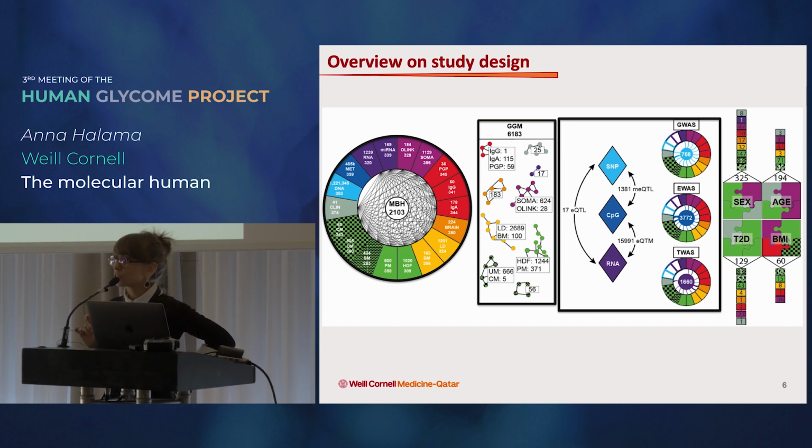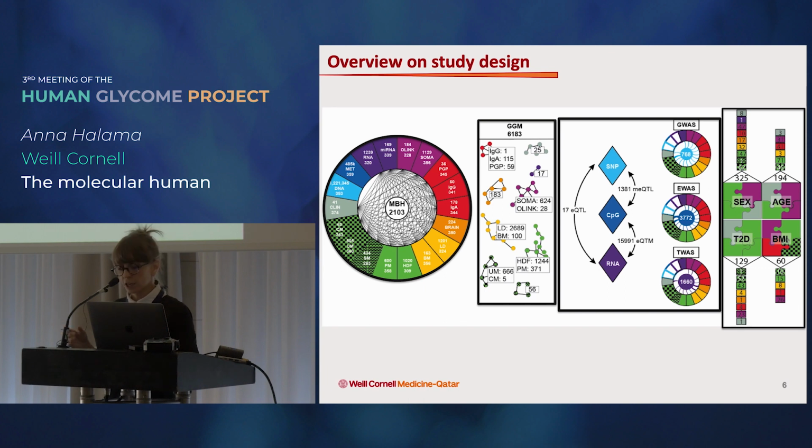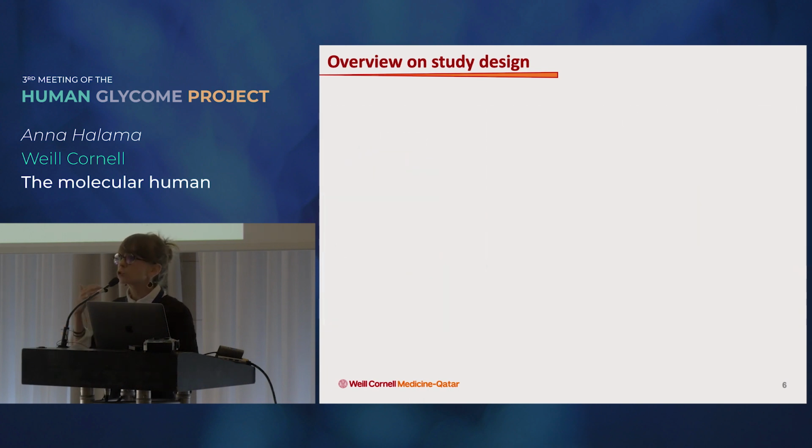And in addition, we did multi-omics GWAS, so genome-wide association study, but also EWAS and TWAS. Next, we asked the question about the molecules which are associated with the phenotypes we had in our data, which were sex, age, type 2 diabetes, and BMI. So now we had all of those calculations ready and in place. So what we did next, we tried to check how we can connect those omics.